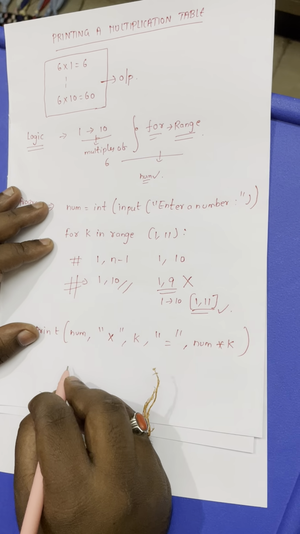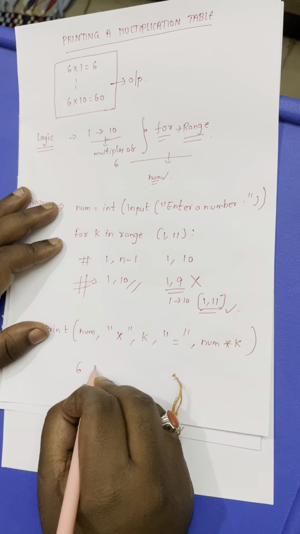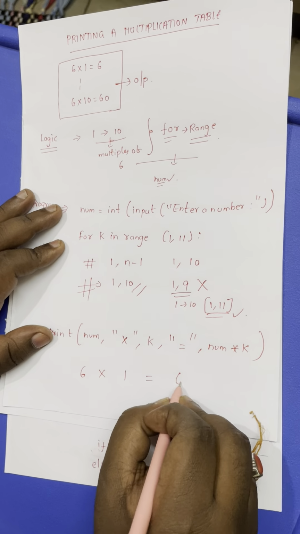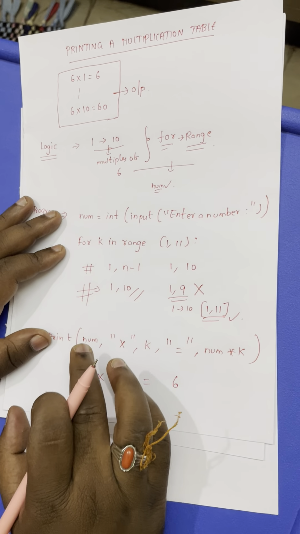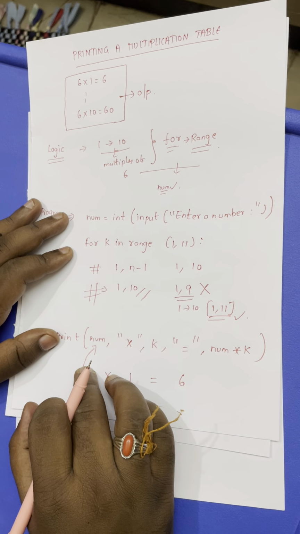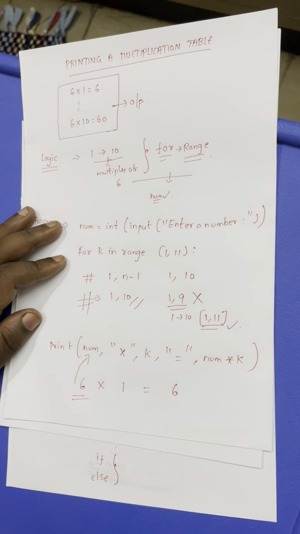Why I have given this is, at the output I should get 6 into 1 is equal to 6. For this 6 I am passing number, because it is the number which we input while declaring the output.